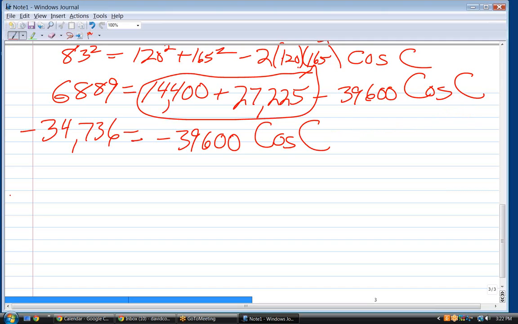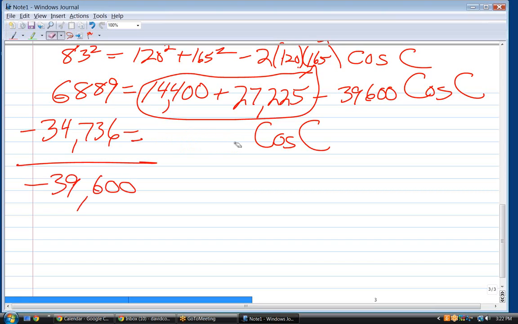Next step? Divide by 39,600. What's that ratio right there? Hold on. So it's negative 0.877.